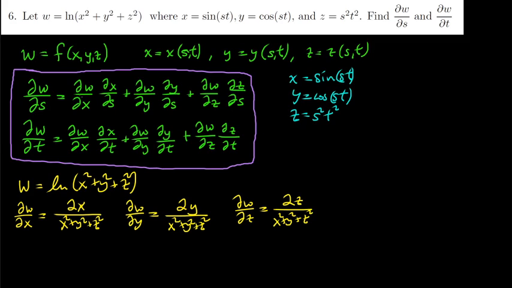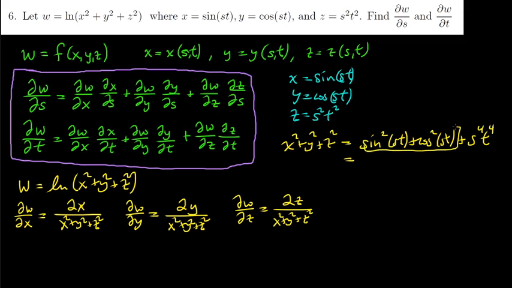So what we probably should have done, but better late than never, is to take x squared plus y squared plus z squared and write that in terms of s and t. So it's going to be sine squared of st plus cosine squared of st plus z squared, which is s to the 4th t to the 4th. And by the Pythagorean identity, this is just 1 plus s to the 4th t to the 4th. And so that's what the denominators are going to be.